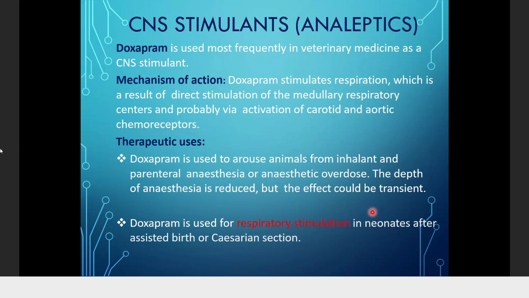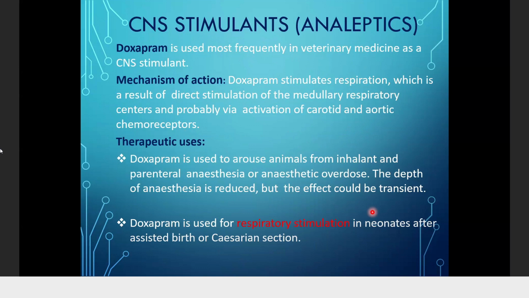So doxapram can be given to counteract the action of a CNS depression drug, because it works the opposite. So the depth of the anesthesia is reduced.